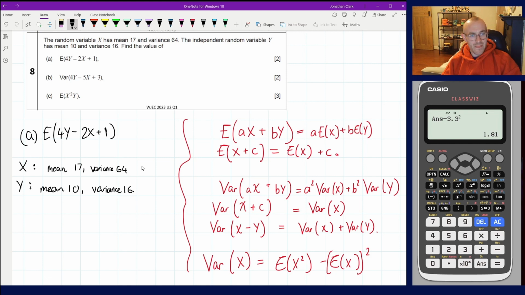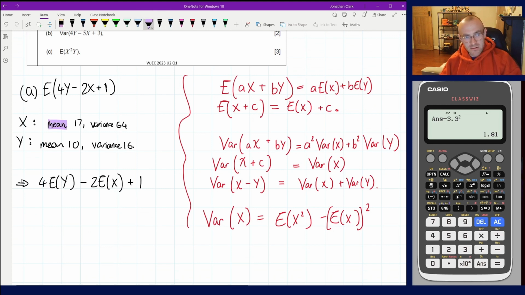So this expectation formula can be split into 4 lots of the expectation of y, take away 2 lots of the expectation of x, plus a 1. Sorry, I got the letters wrong straight away.